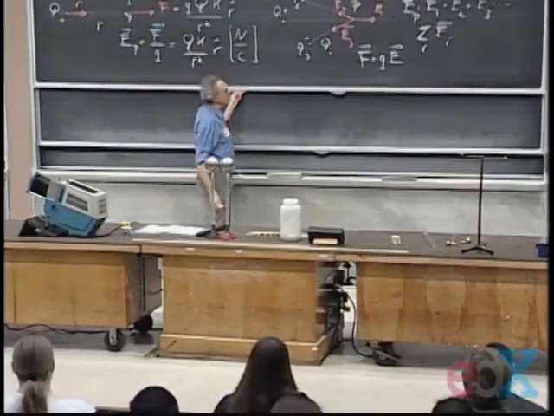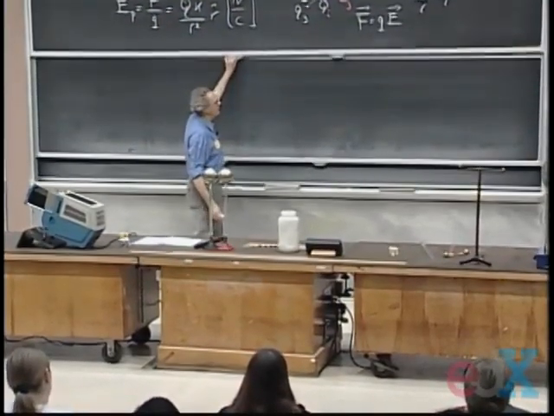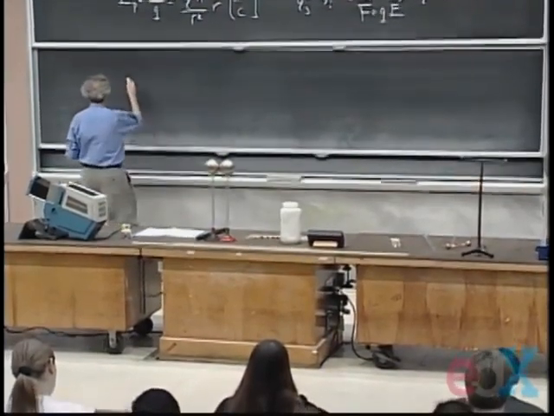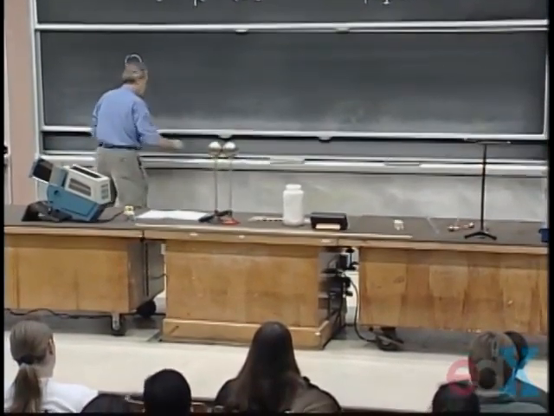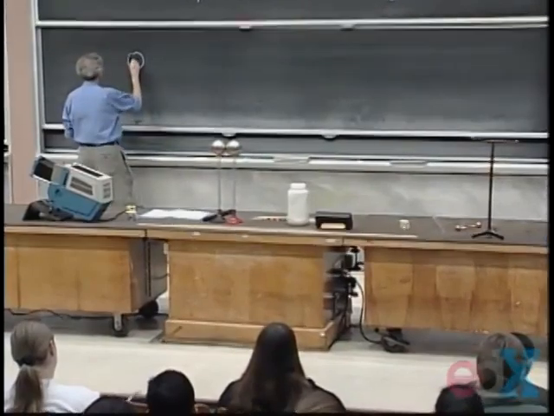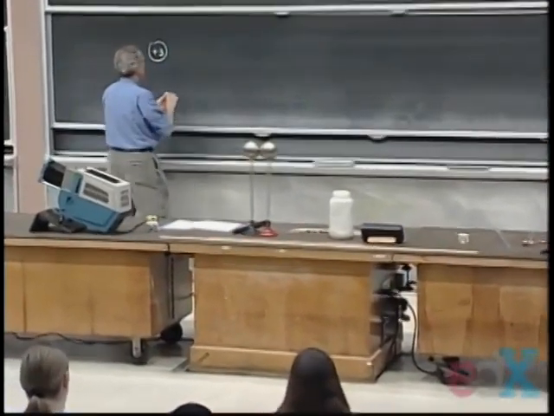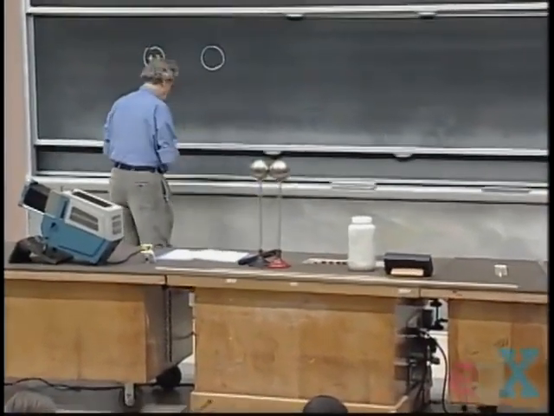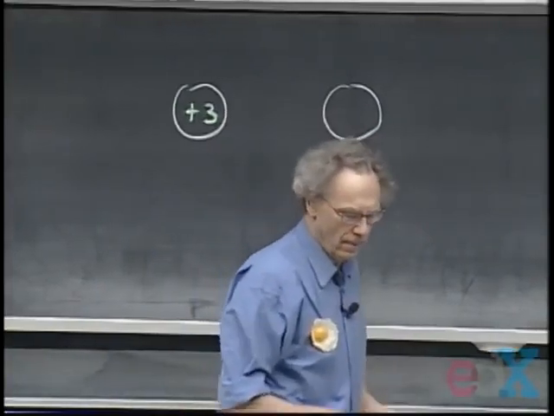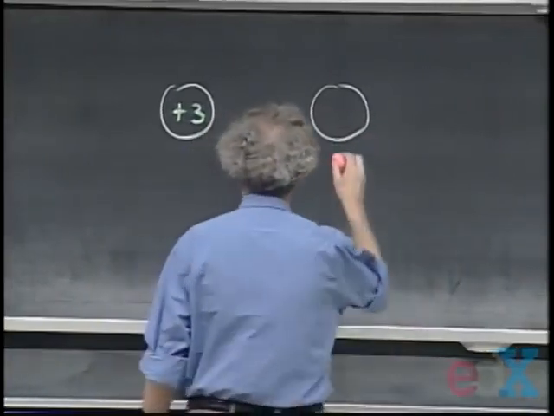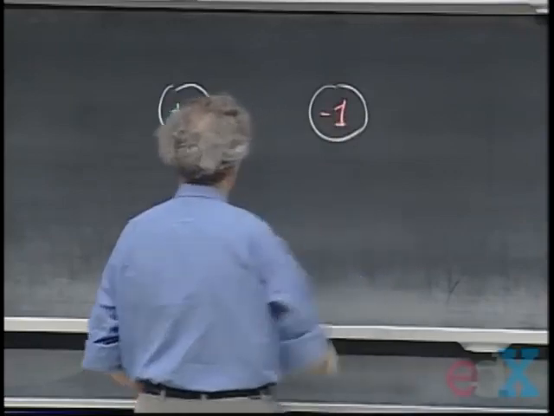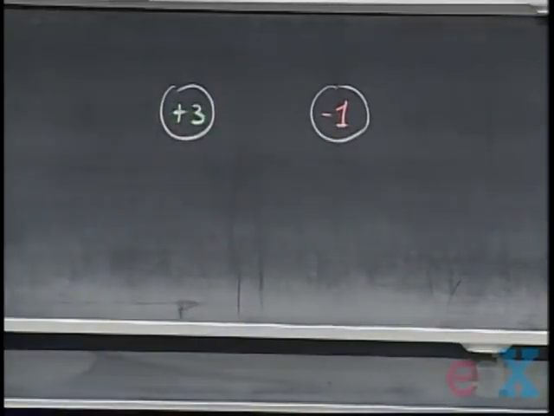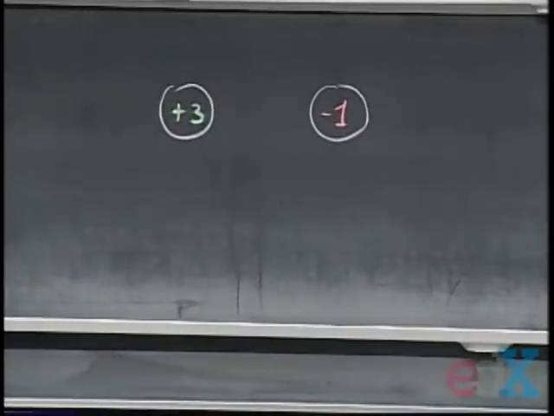If we try to be a little bit more quantitative, suppose I had here a charge plus 3. And here I had a charge minus 1. And I want to know what the field configuration is as a result of these two charges.